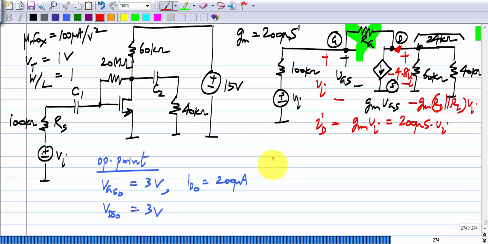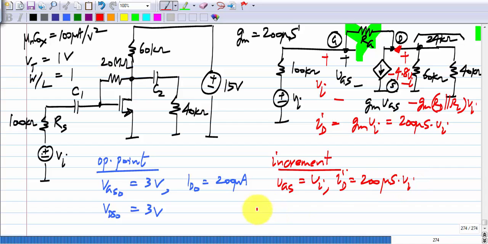So let me put those things down. The incremental VGS equals VI, ID equals 200 microsiemens times VI, and VDS, which is here between these two, is nothing but the output voltage. It is minus 4.8 times VI. With VI equal to 0, here you get the operating point conditions, and from this picture you get the incremental quantities. So you add the operating point quantity to the corresponding incremental quantity.